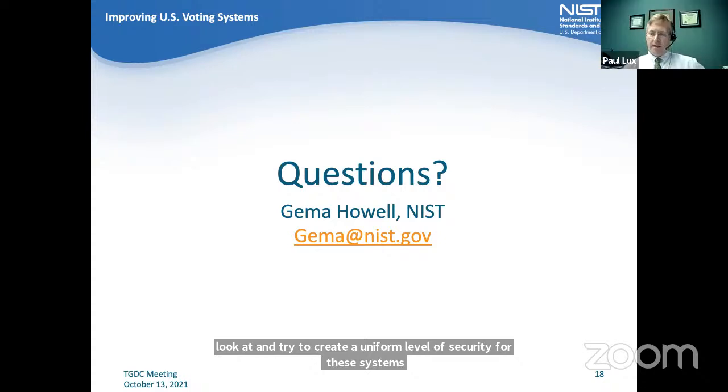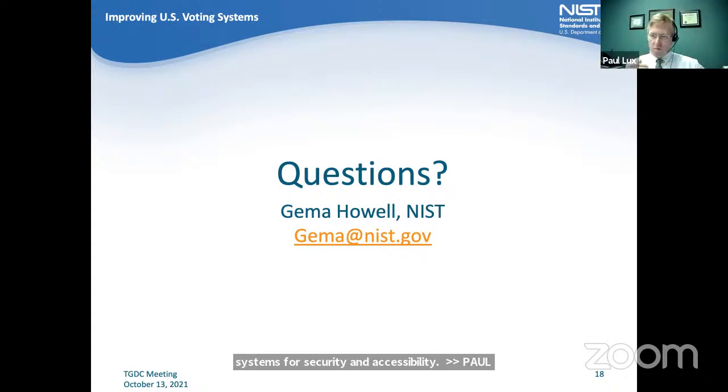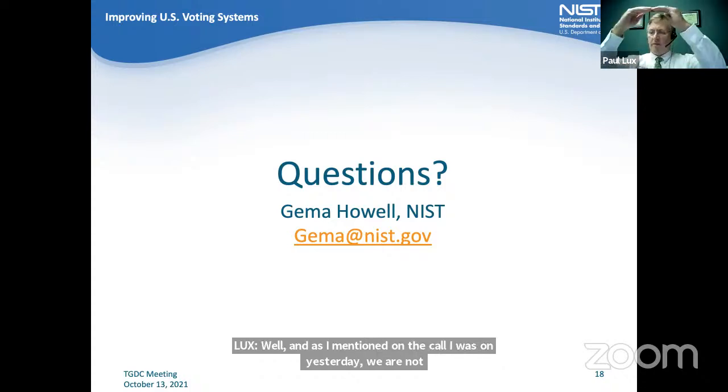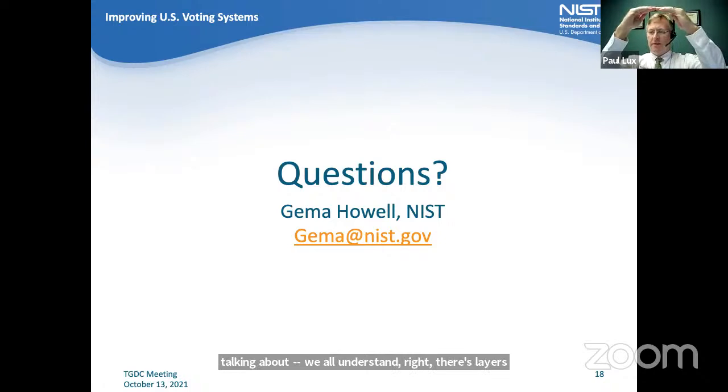Well, and as I mentioned on the call I was on yesterday, we all understand there's layers of this. So up here is the completely unsecure, just attach it to an email and send it to me, right? We all agree that's bad. Can we find a place down here where we say, well, it's not as secure as down here would be, but it's better than being up here.